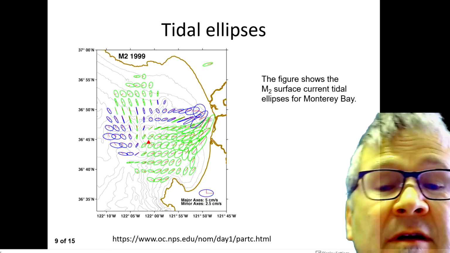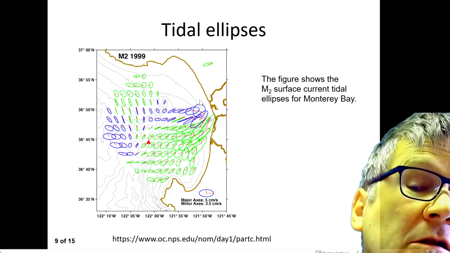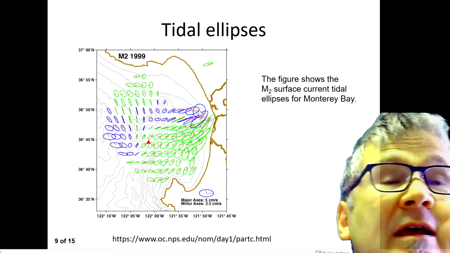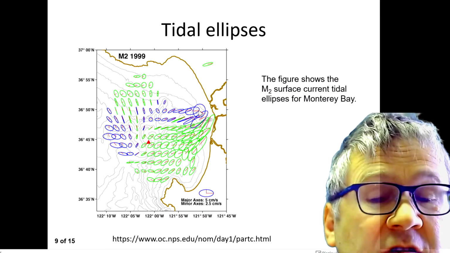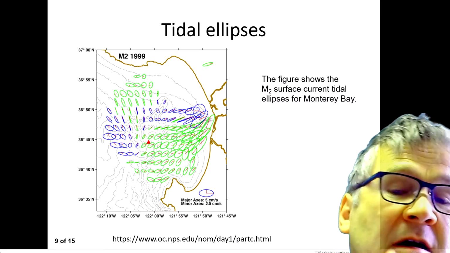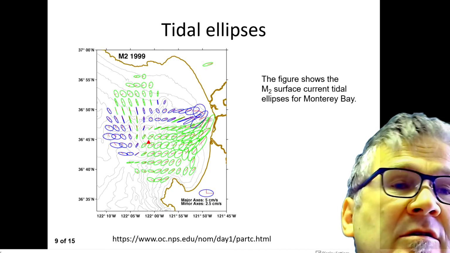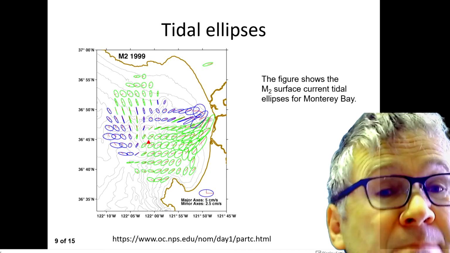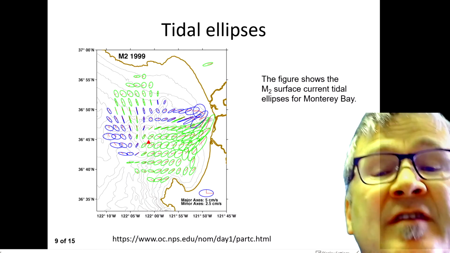And in other regions, you have more of a circular pathway, which means that the direction changes all the time. Okay, it's a systematic change of direction. So at one time the flow is to the north, then to the east, then to the south, and then to the west. So you only see the endpoint of your hodographs here.